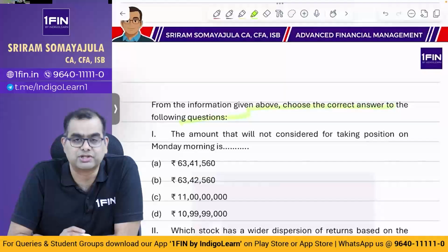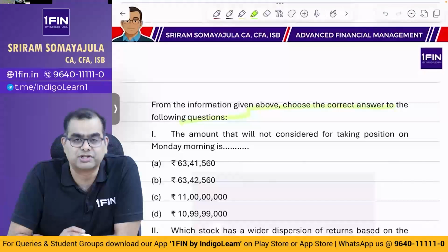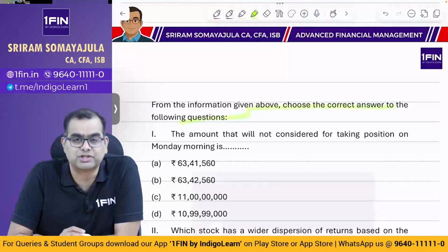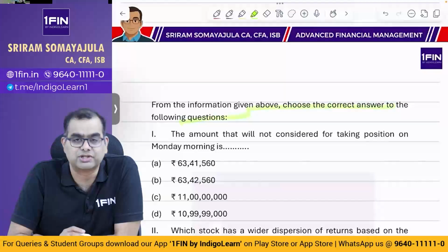What is the present value? 3.3 for 1 year, present value we figured as 3 lakhs. Then 3.8 we figured as 3.14 lakhs. Then 4.6 divided by 1.1 cubed is 3.456, and 0.9 divided by 1.1 cubed is minus 0.676.